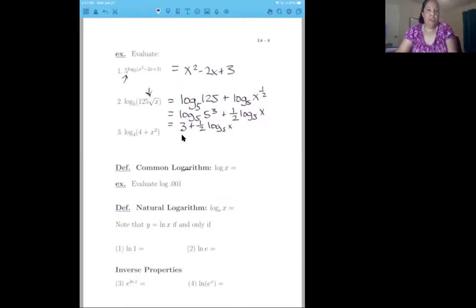Sorry, we were barking at the trash can. All right, so inside the logarithm, I have a 4 plus x squared. Well, we don't have any properties when inside the logarithm there's an addition. We have them when there's a multiplication and when we have a division, but not for addition. So there's nothing we can do here. So this cannot be rewritten.